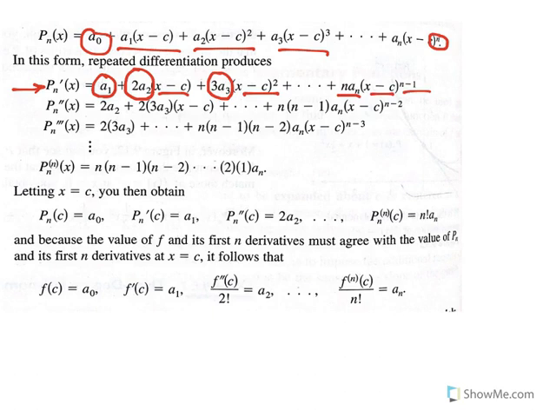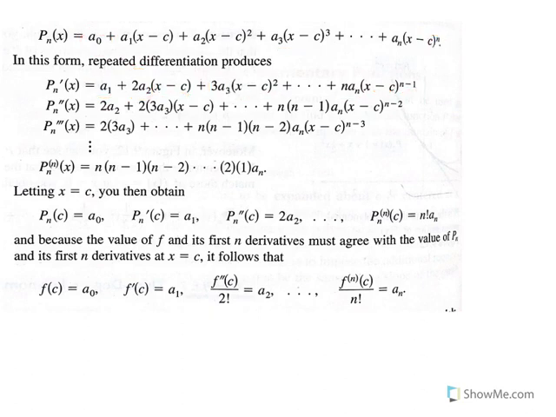So now to find the second derivative, I'm just going to go ahead and work with the first derivative and find the derivative term by term. And to find the third derivative, I'll work with the second derivative and find the derivative term by term, and so on. And you get to the nth derivative, and this is what you have.